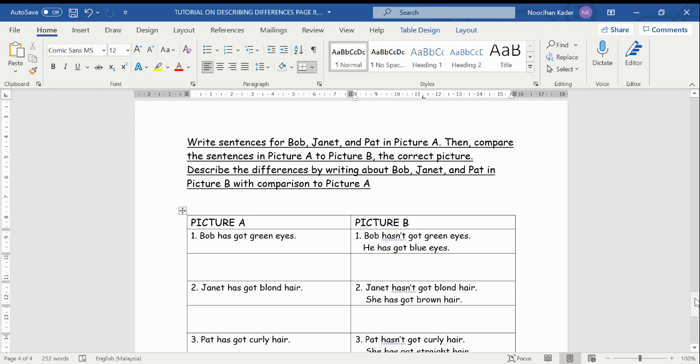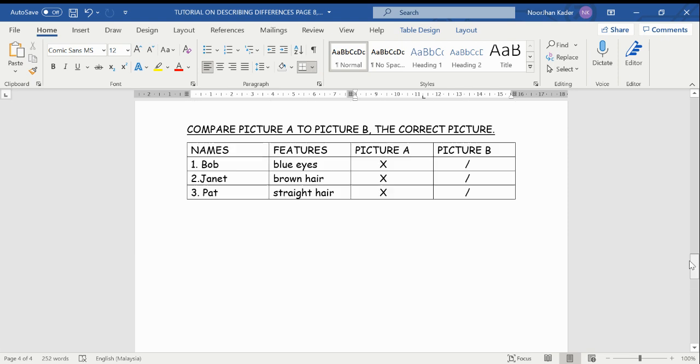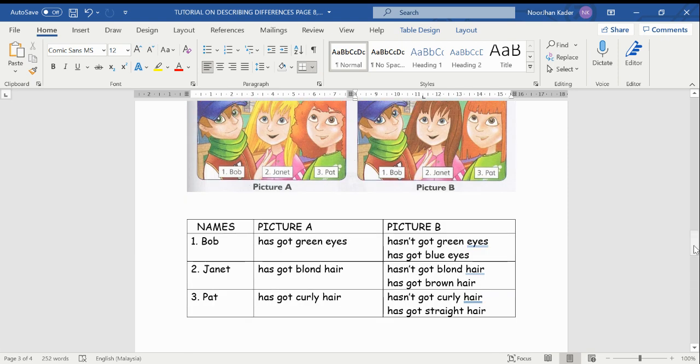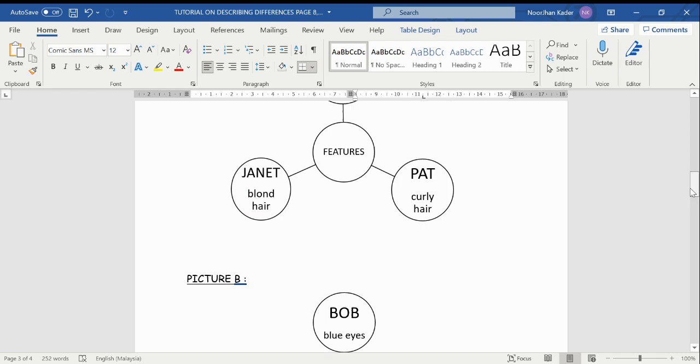So I hope this has helped you get started in learning these skills. I wish you good luck in writing the differences. Then you can continue that in your workbook as well.